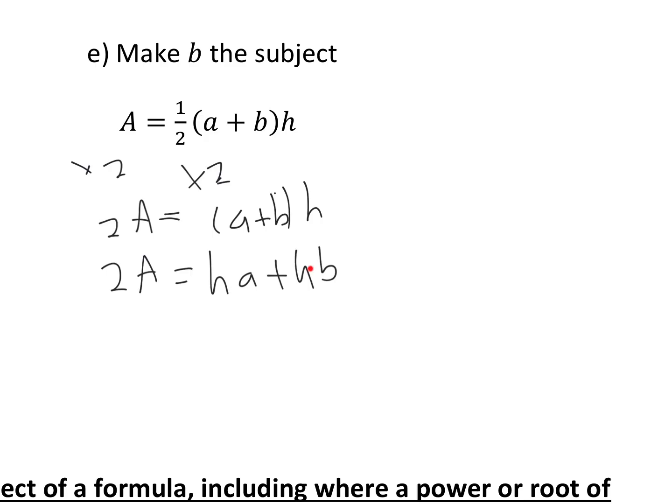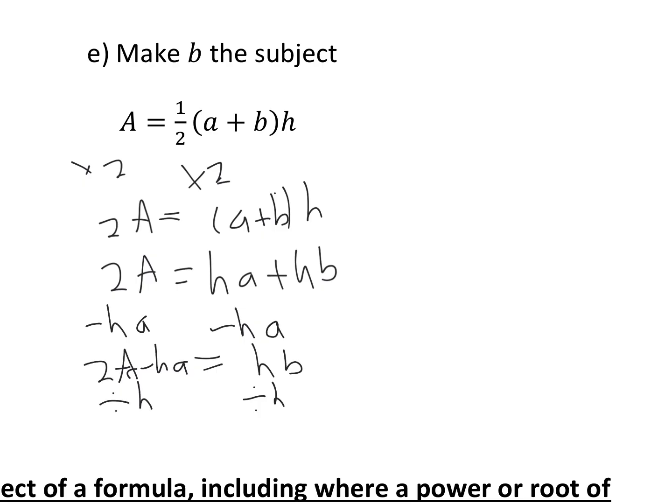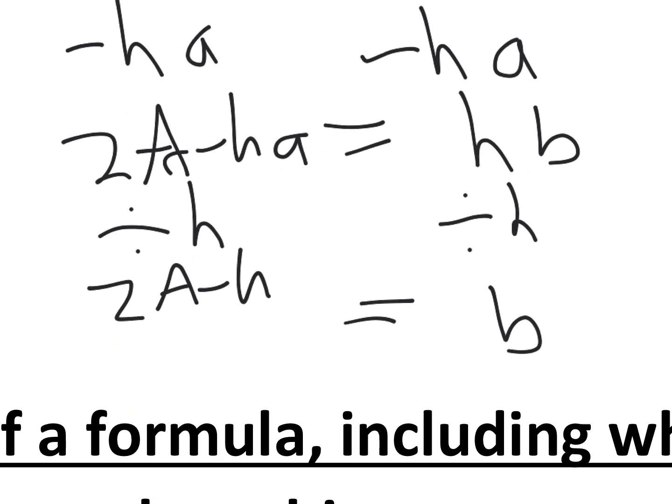The b is the subject here, so we can get rid of that ha. It's not interfering with the hb. So 2a minus ha equals hb, and then we can divide both sides by h to get b equals 2a minus ha, sorry, 2a minus ha all over h.